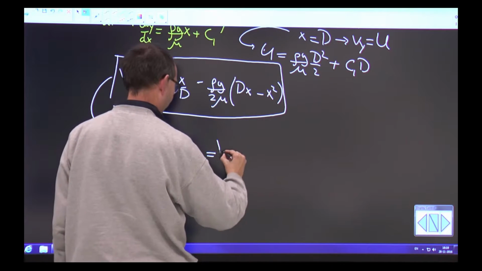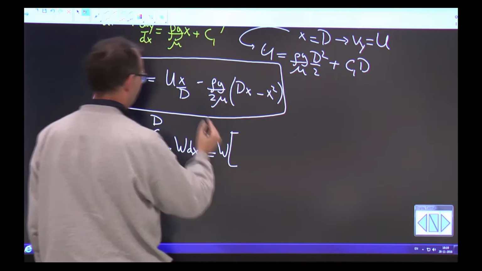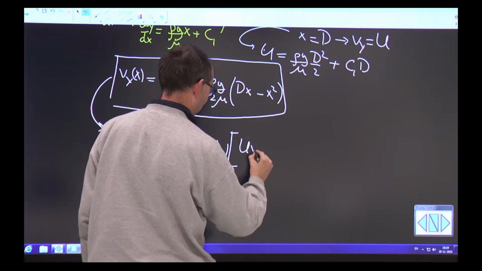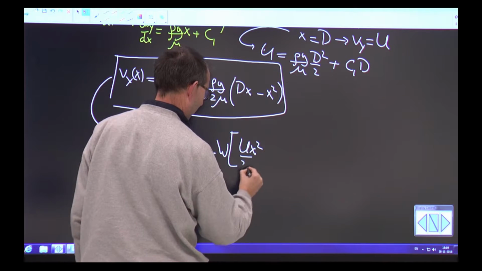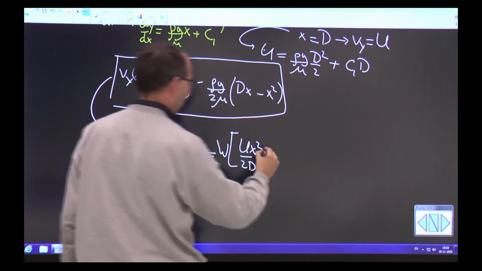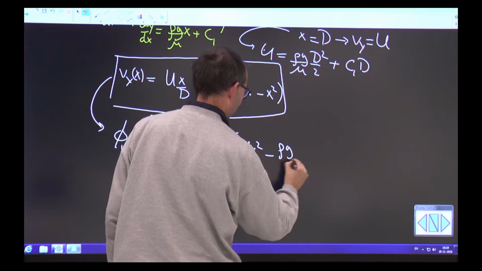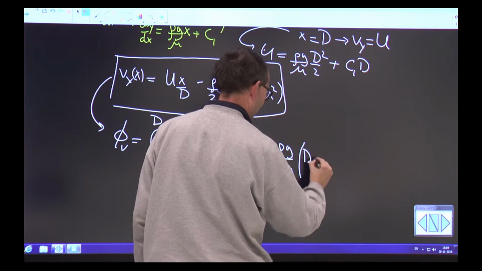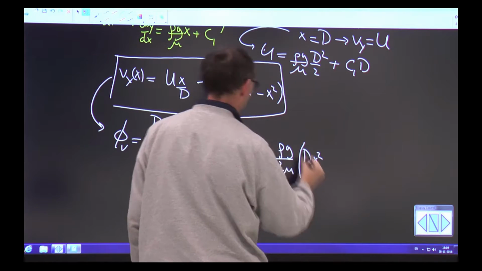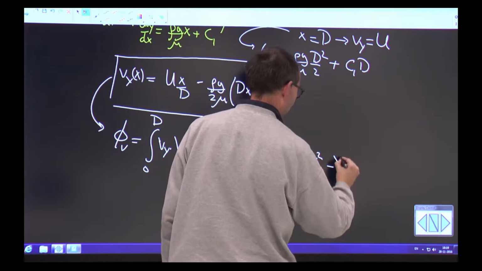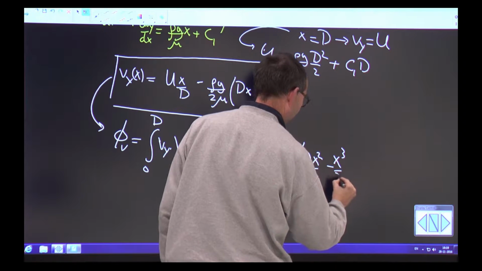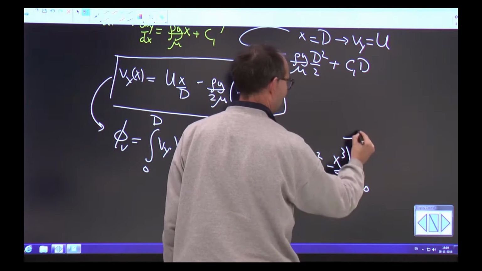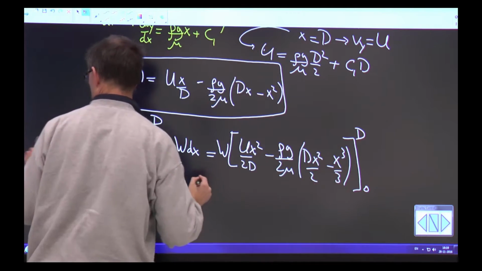So that width comes in front, it's a dummy parameter, and I get u x squared over 2d minus rho g over 2 mu times d x squared over 2 minus x cubed over 3. And I should take that between 0 and d, the boundaries of the slit.